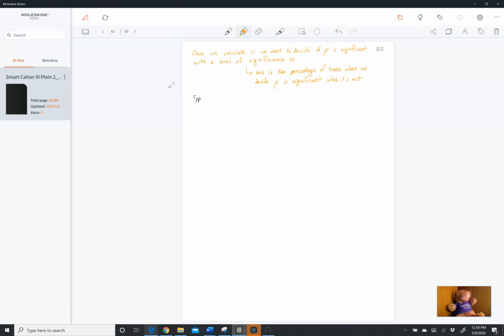So typically, alpha is equal to 0.01 or 0.05. These are the most typical values. It's not the only value, but it's the most typical value.